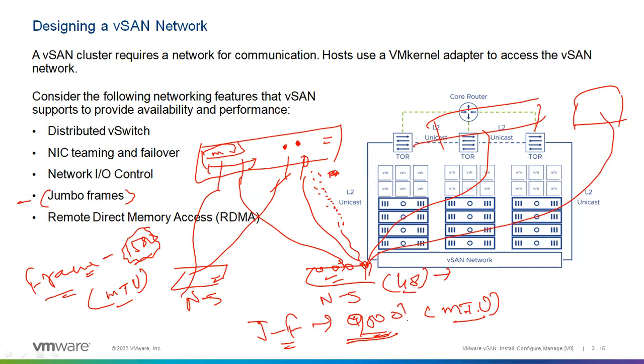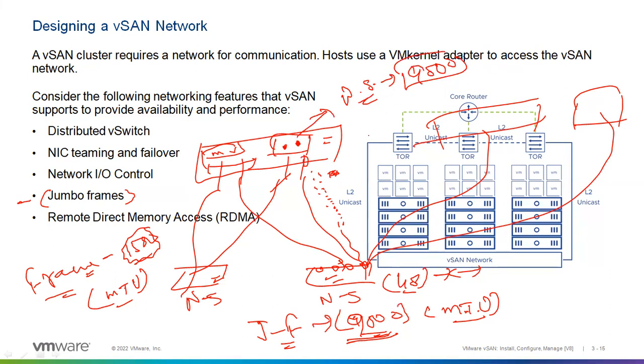Please enable jumbo frame at your end, but we also have to enable it at our end, right? My traffic is coming from the D switch or standard switch. On the D switch level, I mean distributed switch level, in advanced configuration, we will increase it. So it's mandatory to enable jumbo frame on both ends.